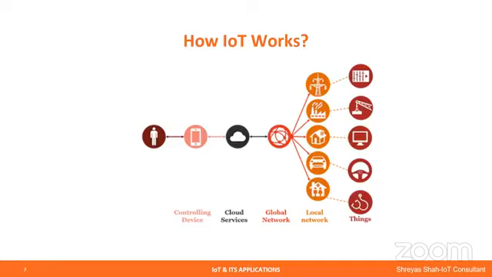Then comes a global or local network: these devices are connected to the controlling devices via the internet or another protocol, such as Zigbee, Bluetooth or BLE, NB-IoT or any other protocol. This requires a global or local network to connect with each other, so that remote operations can be done, or give and take of data can be done.